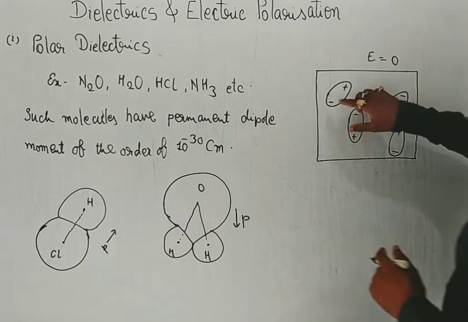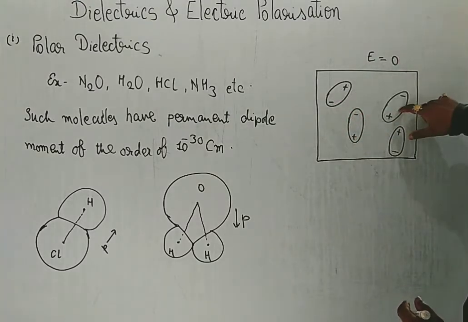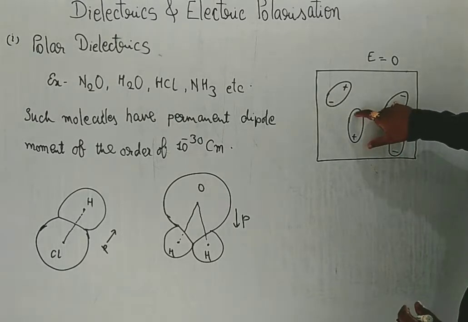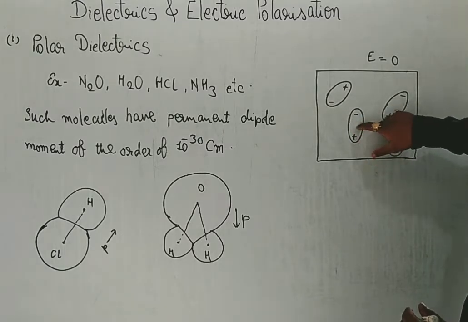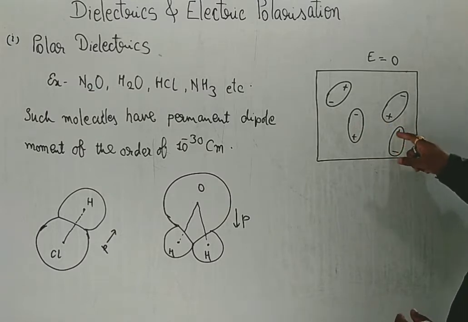As can be seen, this has an electric dipole moment along this direction, so that gets cancelled with this, and here this has a downward electric dipole moment, so this will get cancelled with the vertically upward acting electric dipole moment of this molecule.